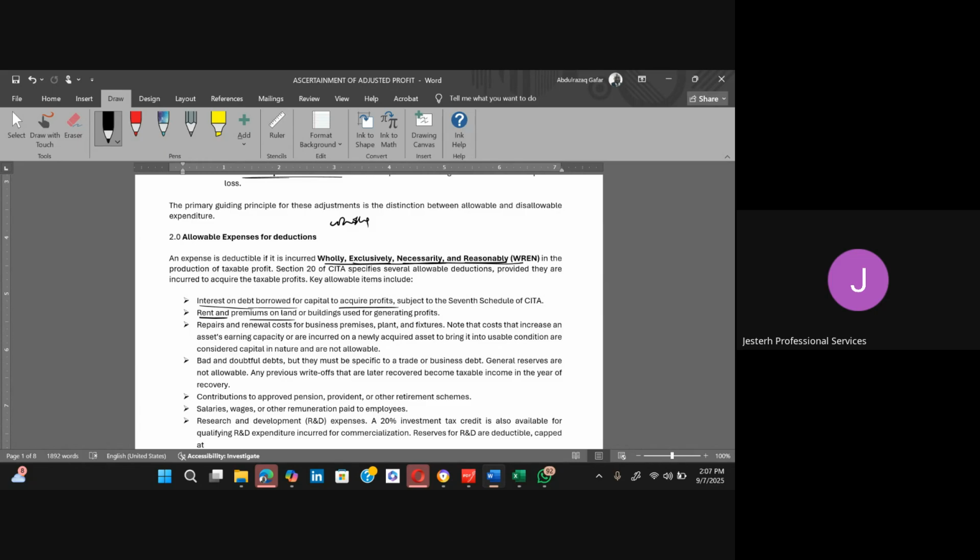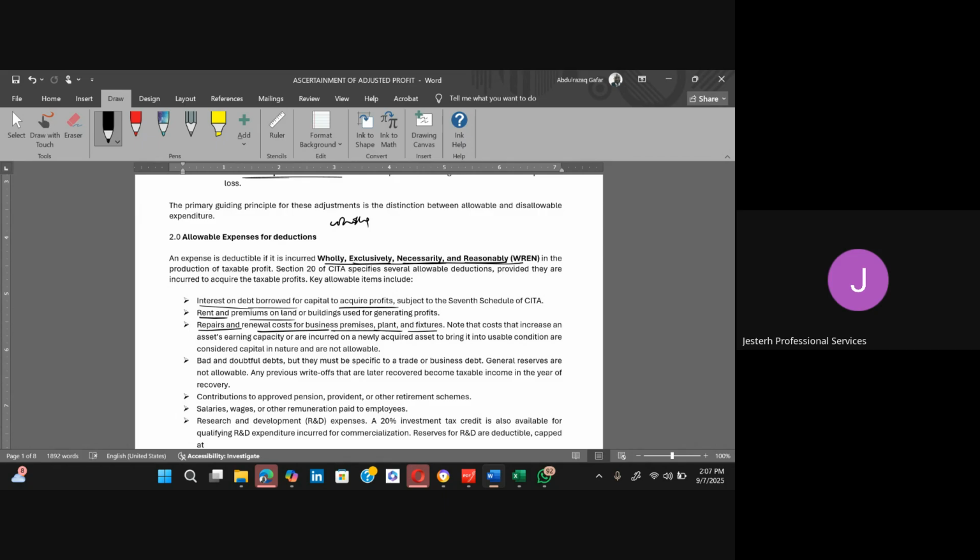So if that rent is not incurred in order to generate profits, it will also not be allowed for deduction. Repairs and renewal costs for business premises, plants and fixtures.